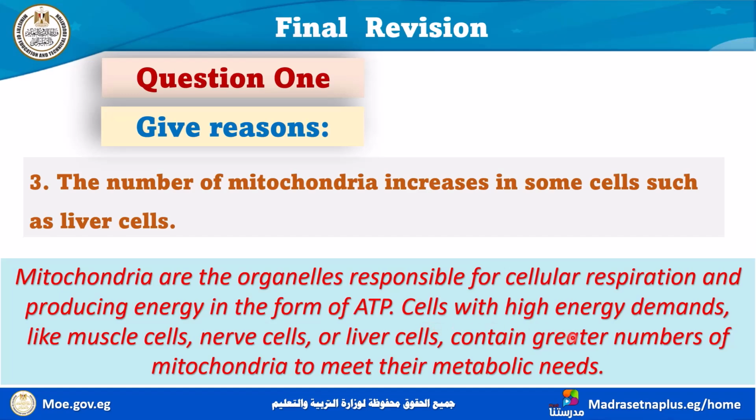Cells with high energy demands, like muscle cells, nerve cells, or liver cells, contain greater numbers of mitochondria to meet their metabolic needs. So the liver needs more mitochondria to give the energy needed for metabolic processes.